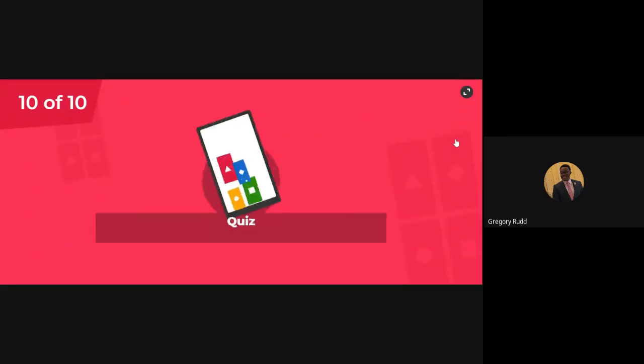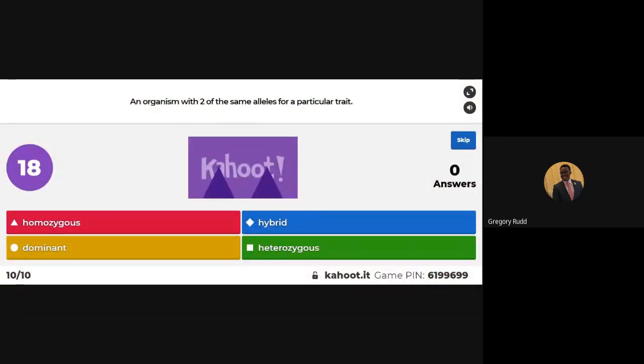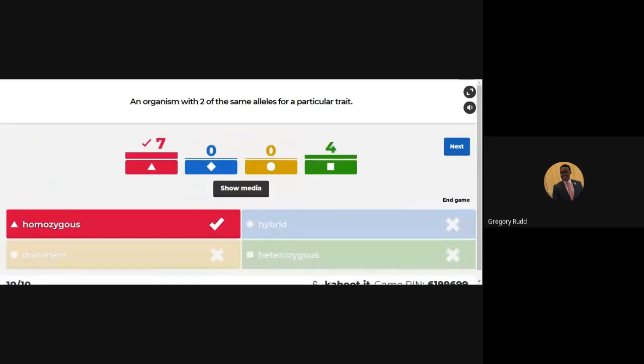Okay, Olivia with a good jump. Last question. An organism with 2 of the same alleles for a particular trait. 2 of the same. Good job. That's called homozygous. Homo is a prefix meaning same.